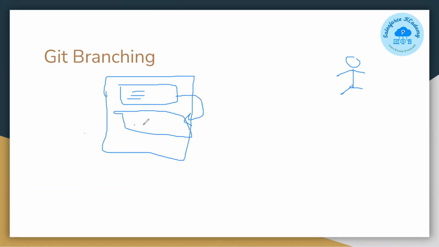So this will be a feature branch and this will be the main branch. Today we shall see how any person can create a feature branch or any sub branch from the main branch. And then, once you create this copy and make some changes, we'll see what steps need to be followed to merge it back to the main branch.